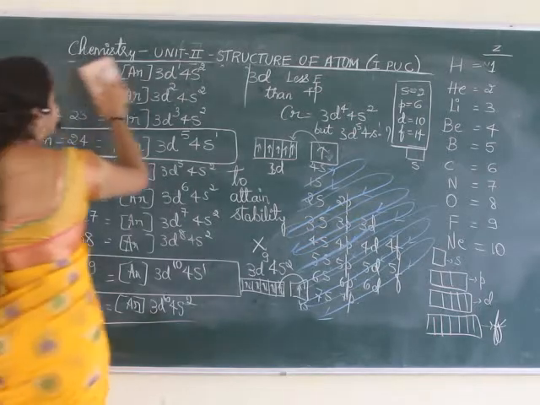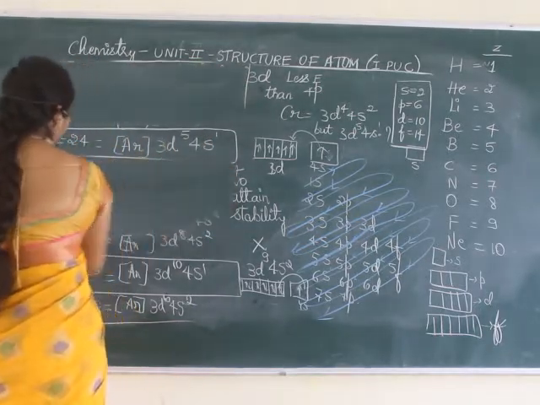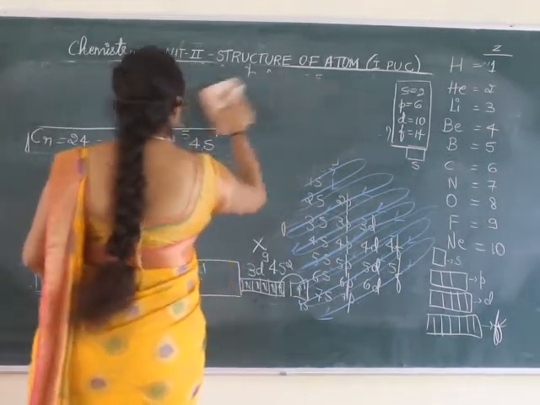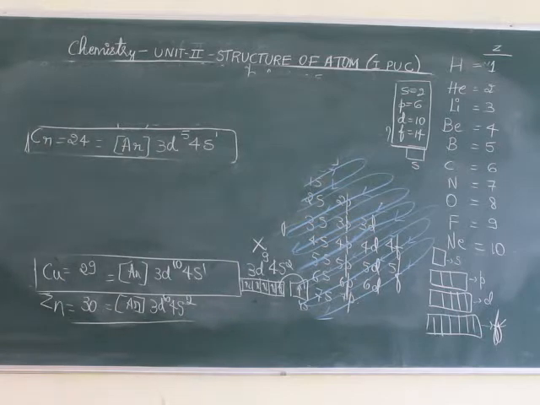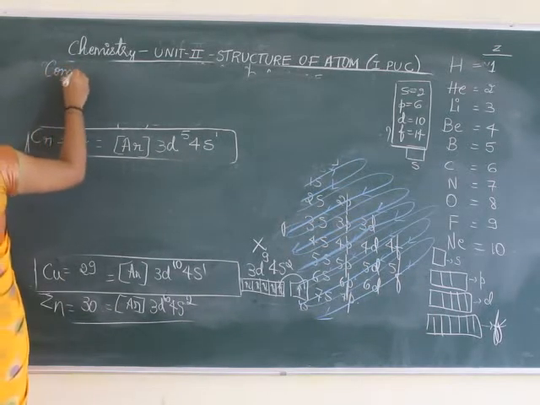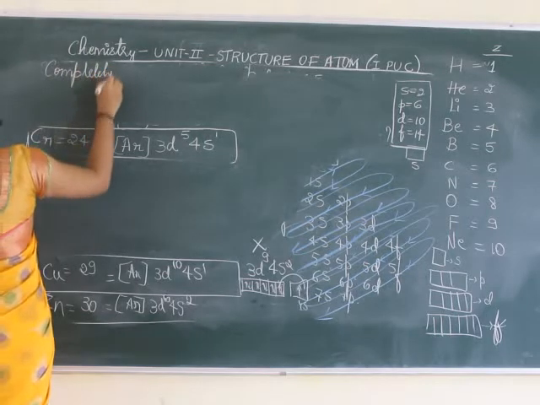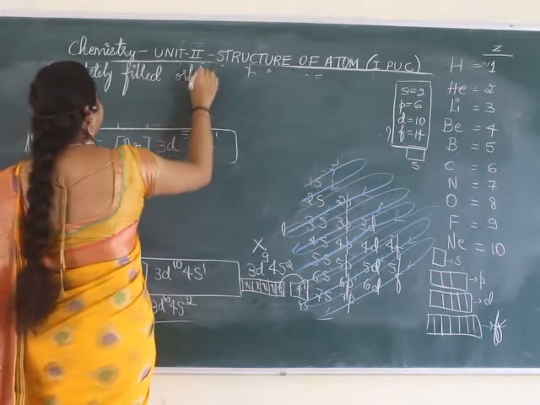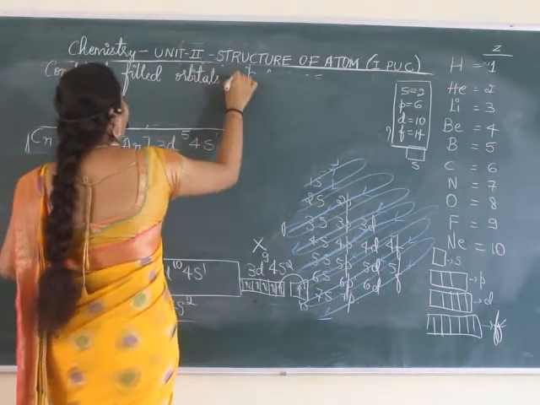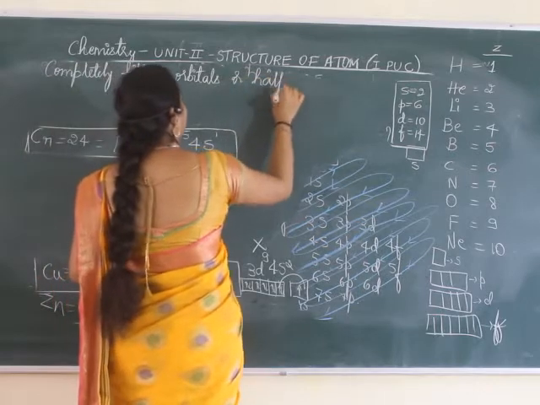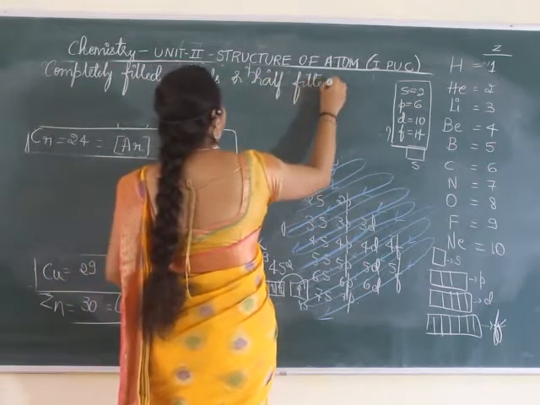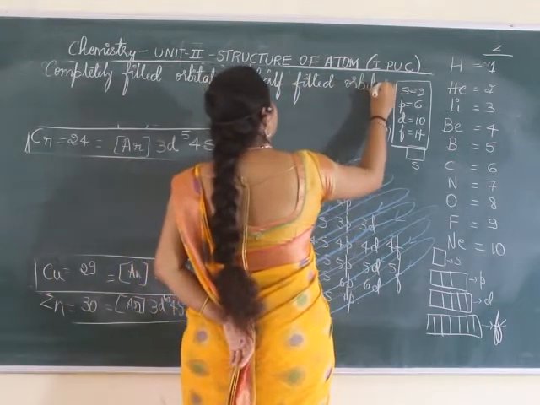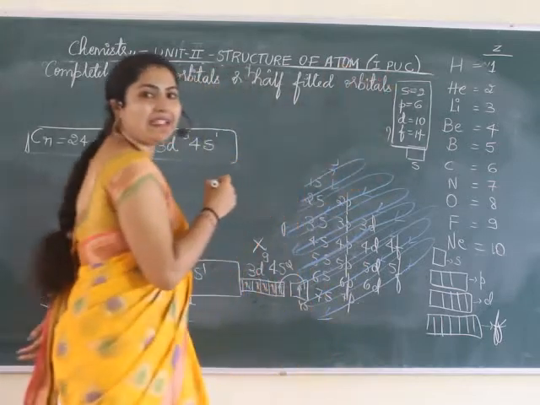So let me erase this. So you will make a note that completely filled orbitals or half filled, that means exactly half filled orbitals are highly stable.